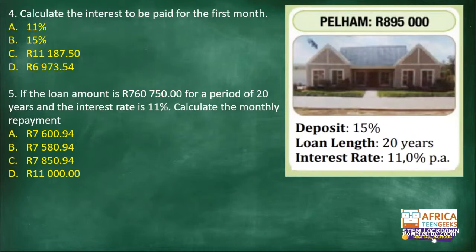If you're paying it for 20 years, we know that every year has about 12 months. So you need to check how many of those 12-month periods there are in 20 years, and then of course you can find the interest.